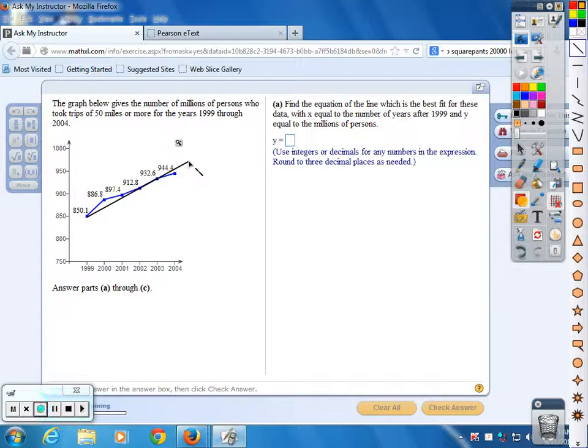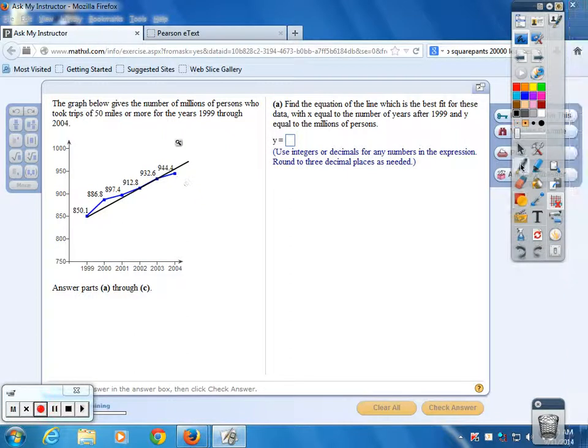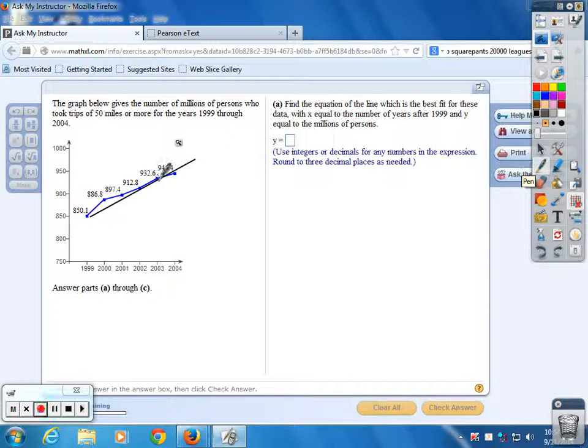And use maybe that point and that point. Now you got somewhat of a line. You got a little bit of variation here, and a little bit of variation here. Now that's not going to make up for that, but for a prediction, it would work. Then that's where you get your straight line, and you would use maybe this point and this point for your slope. And find the slope, and then you find the equation.